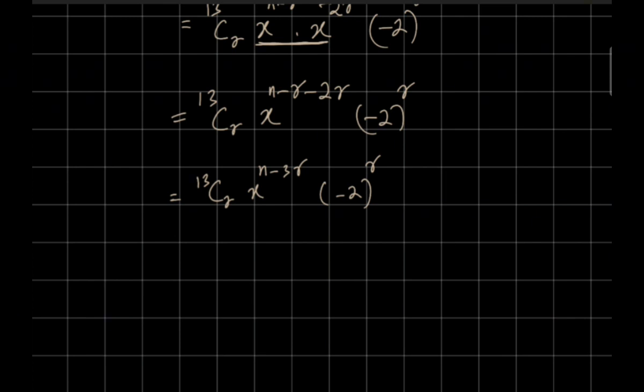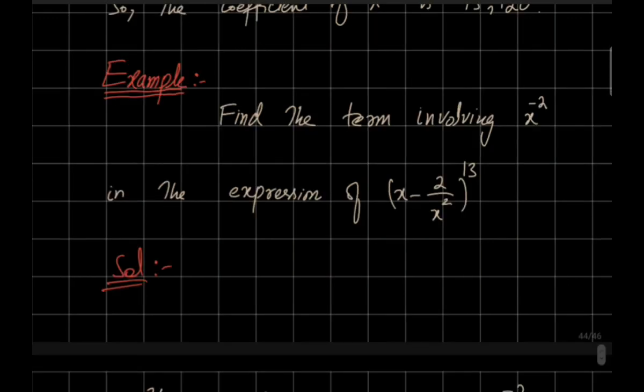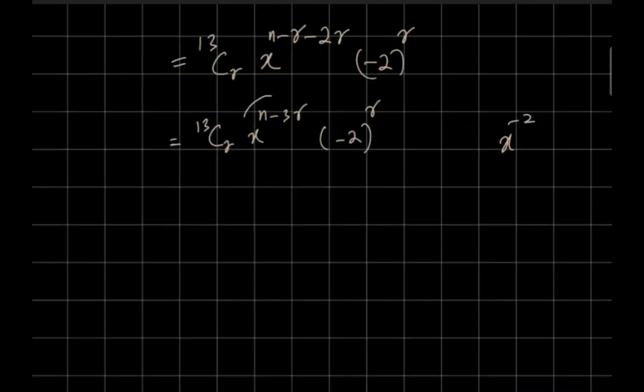Now look at what he asked in the question. He asked to find the term involving x to the minus 2, but here you have x to the n minus 3r.